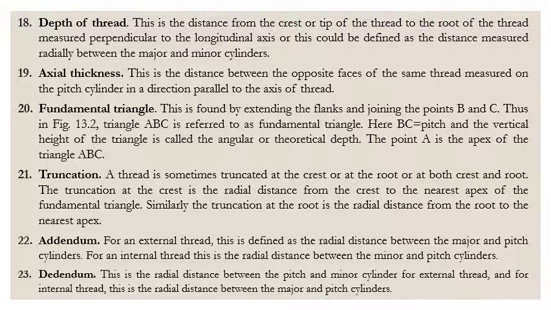Dedendum. This is the radial distance between the pitch and the minor cylinder for external thread, whereas for the internal threads, this is the radial distance between the major and the pitch cylinders.